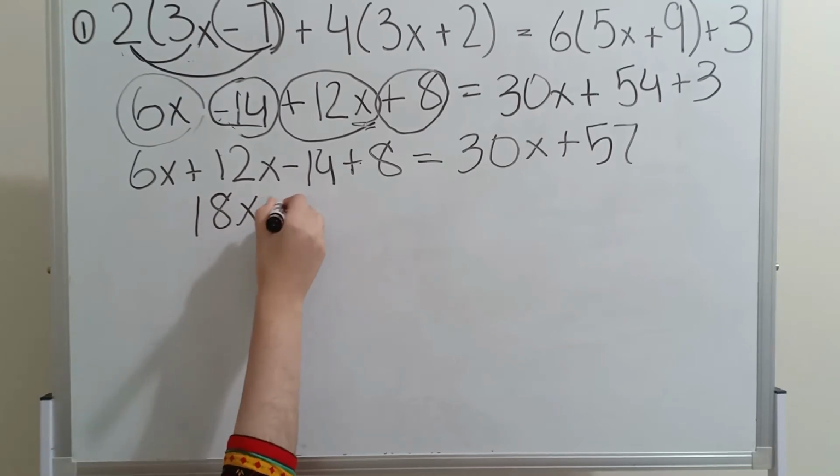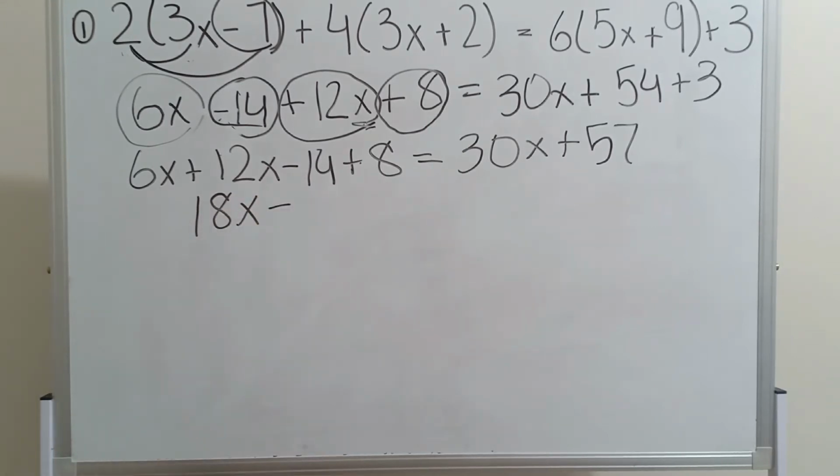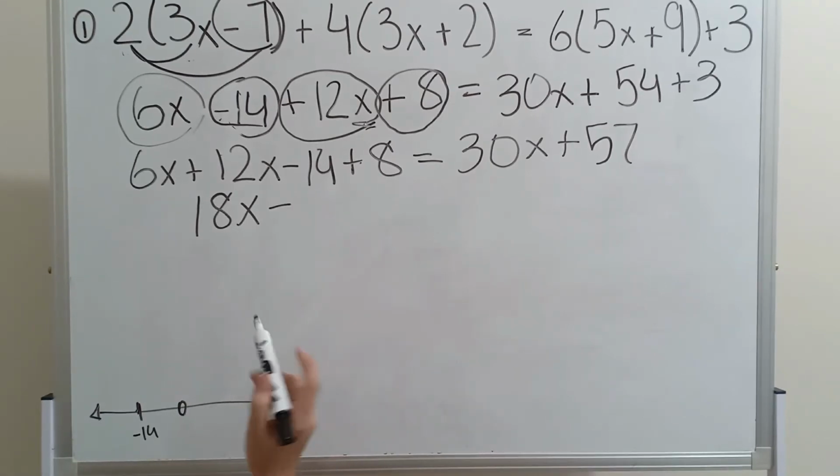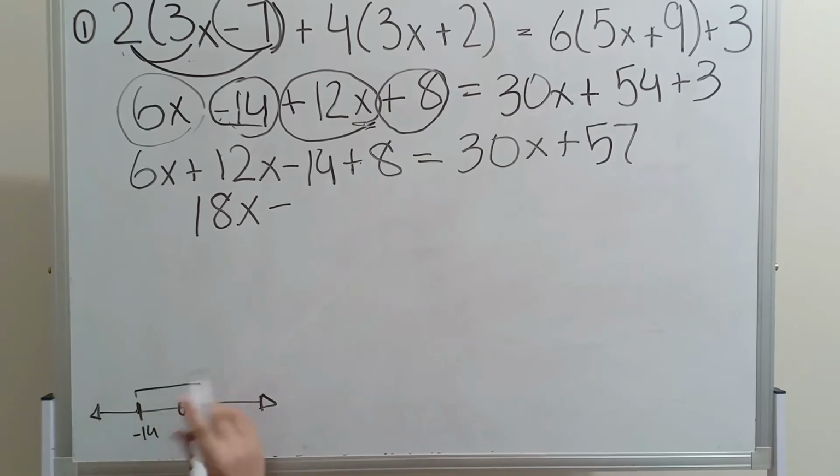Subtract, so negative 14 plus 8 is going to be negative 6. Let's draw a small number line here. This is the 0, and so this is negative 14. And plus 8 means we are going this way because this is the positive side.